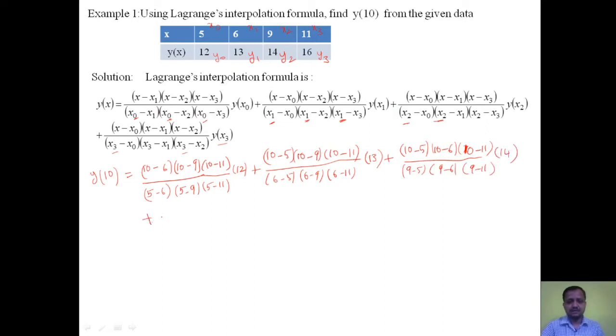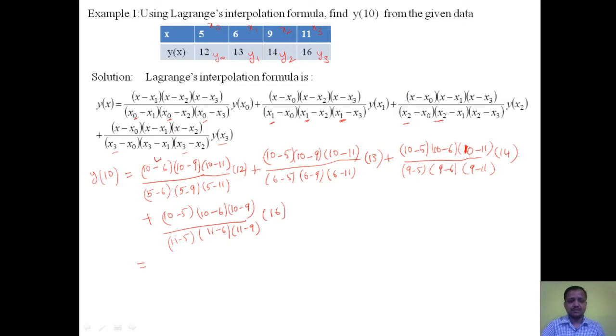In the last term, x is 10, x0 is 5, x1 is 6, 10 minus 9, x2. So x3 means 11: 11 minus 5, 11 minus 6, 11 minus 9, into y3, that is 16. So you can simplify this.